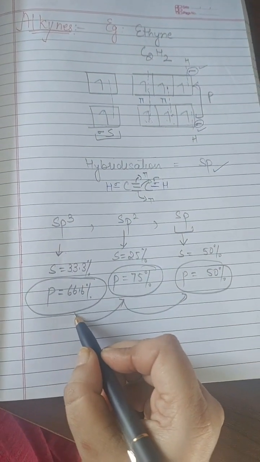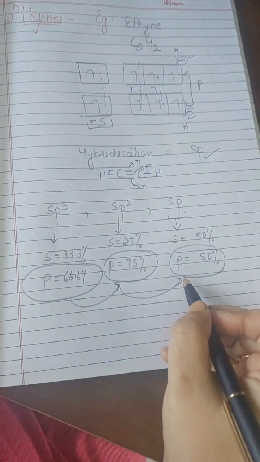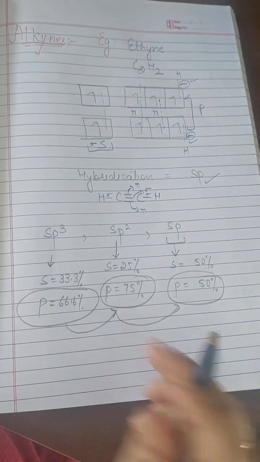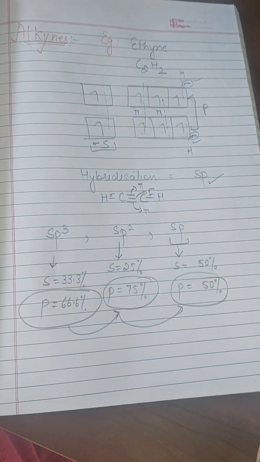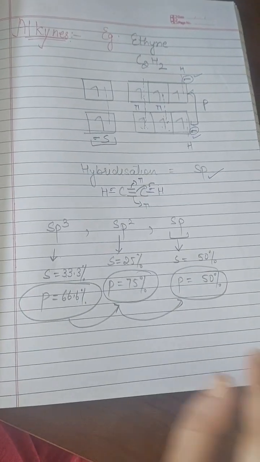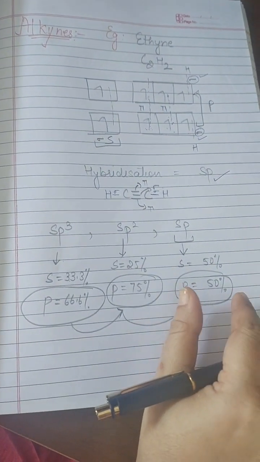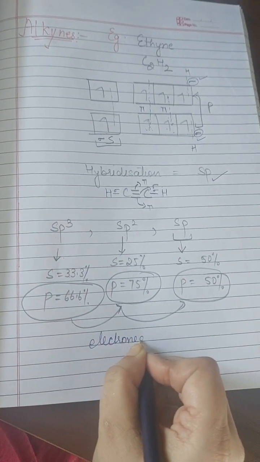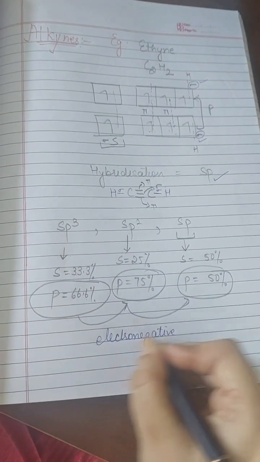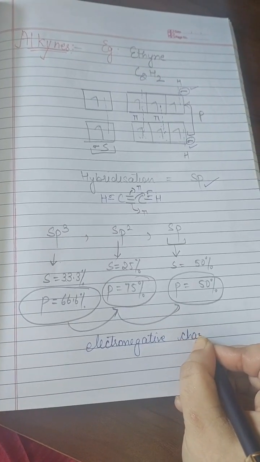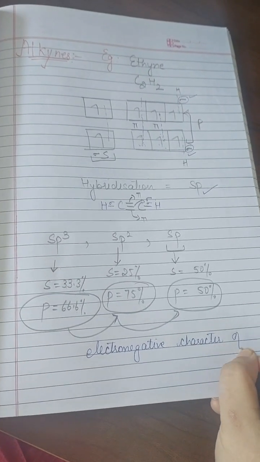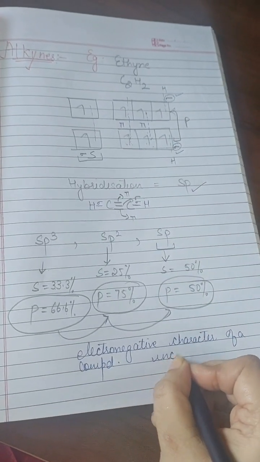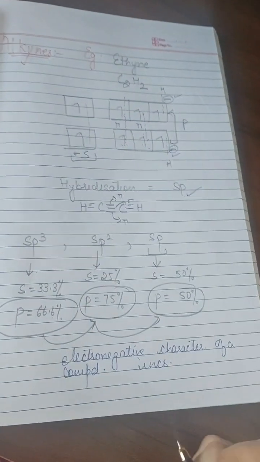So there is a regular decrease in p character according to the hybridization of carbon compounds. With the decrease in p character, the electronegative character of a compound increases. Now why?